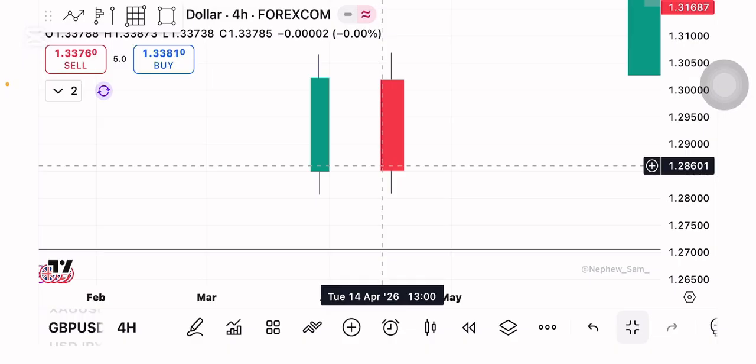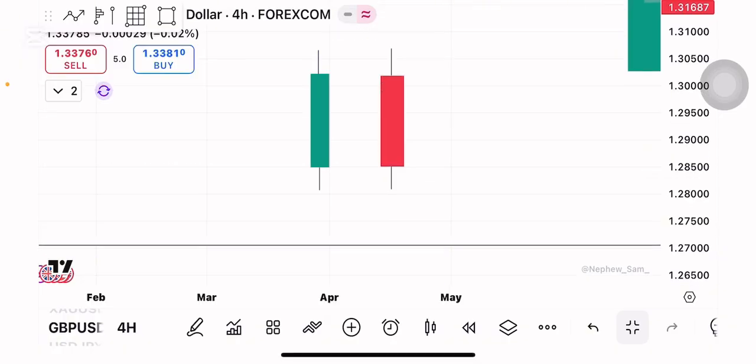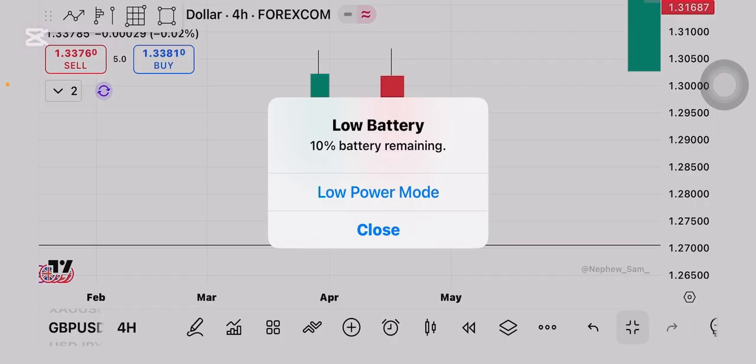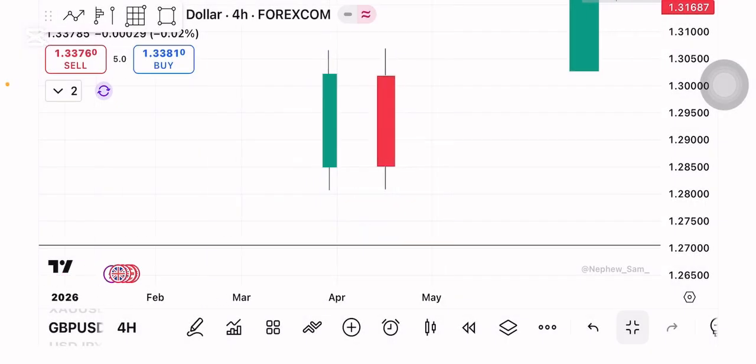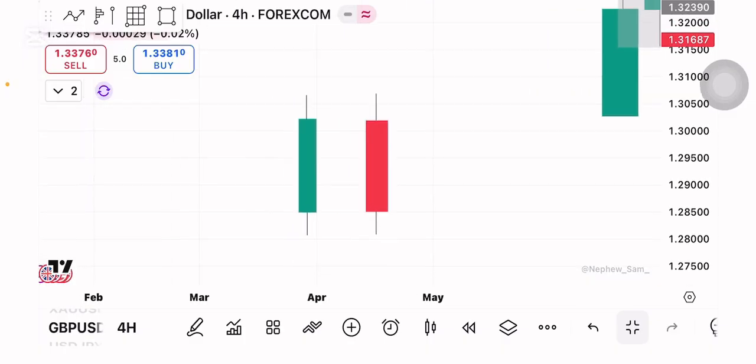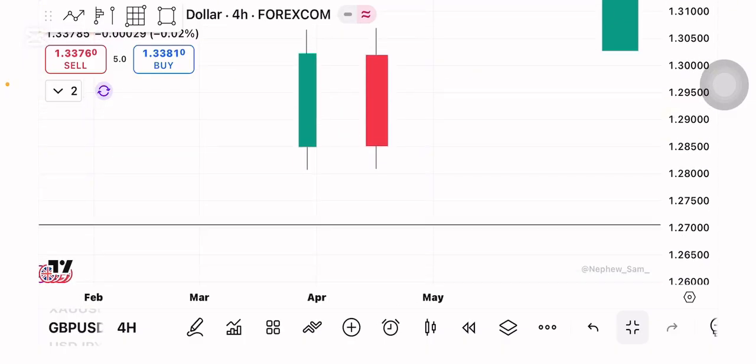Then we have, what's a candlestick pattern? Candlestick patterns are candlestick formations that predict or tell you what the market is going to do next. We have different candlestick patterns, but the major ones that I use are the bullish engulfing, bearish engulfing, the engulfing bar, the pin bar, the spinning top.